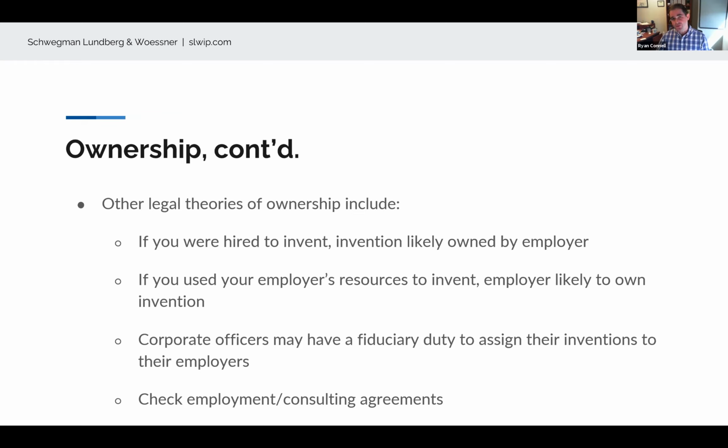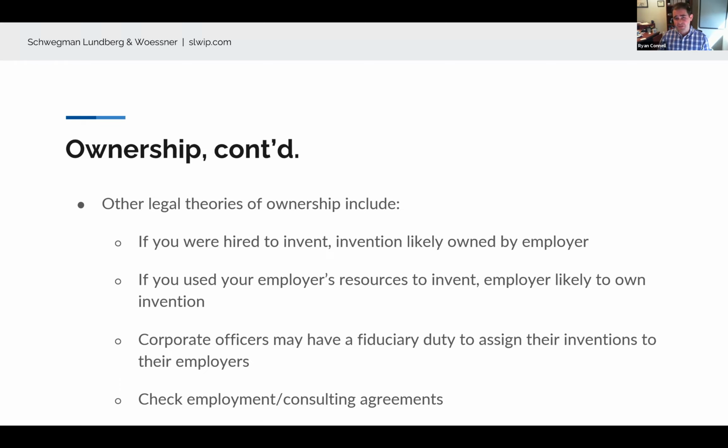In some cases, if you don't have an obligation to assign in your employment agreement, yet you used your employer's resources to help you with your invention, and especially if the work was within the scope of your employment, your employer might not ultimately force you to assign, but they might have what are called shop rights, which is an implied license to make, use, and sell your invention without fear of an infringement suit. Kind of a sticky issue, but something to be aware of. So just because you don't have an obligation to assign, don't think that you're necessarily out of the woods. There might be more facts to be aware of.